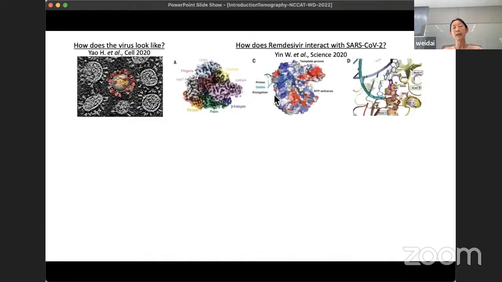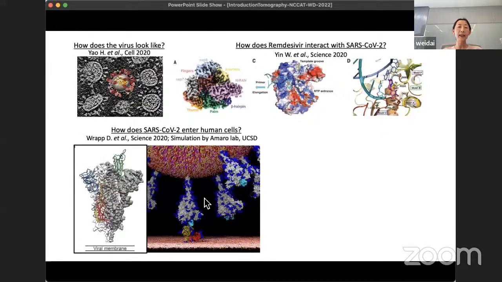And then the second is probably one most people have read this paper already. It's a structure of RNA-dependent RNA polymerase. But basically, this research is done by cryo-EM single particle analysis at very high resolution so that you can understand the molecular mechanism of how the drug interferes with the function of this enzyme. For understanding of that molecular mechanism, you need high resolution, and this is from single particle analysis.